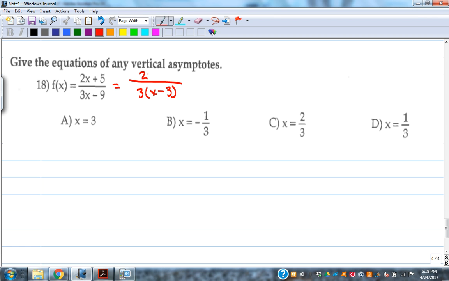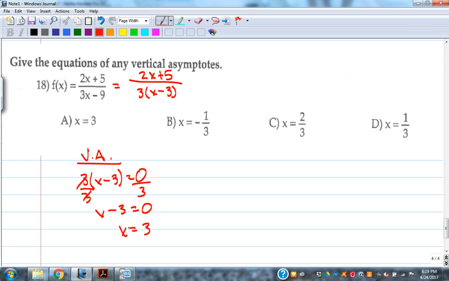The numerator does not factor at all. So that means my vertical asymptotes come from setting 3 times x minus 3 equal to 0. Set the denominator equal to 0 and solve it. If I divide by 3, that goes away. x minus 3 equals 0, and that's x equals 3. So there's a vertical asymptote at x equals 3, which is A for that one.